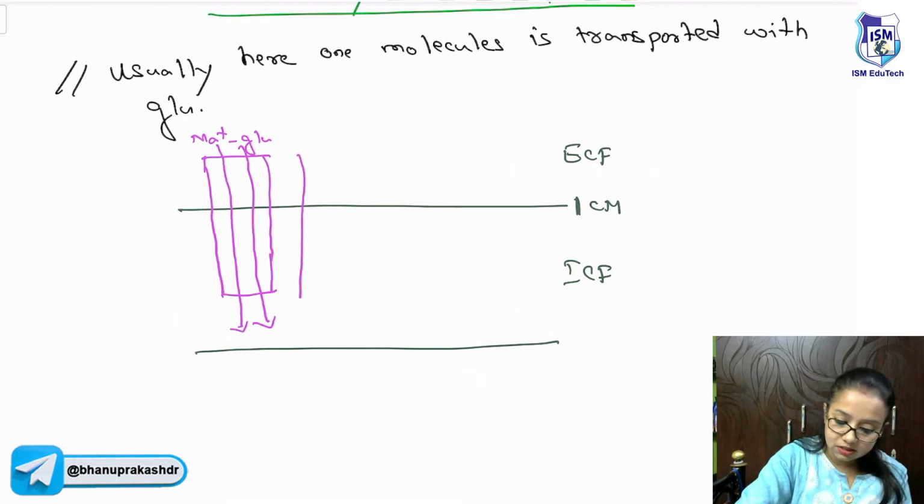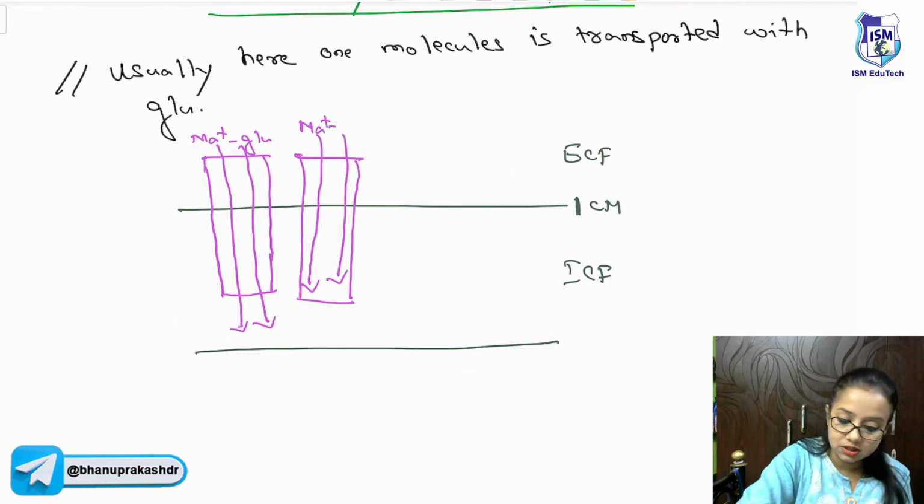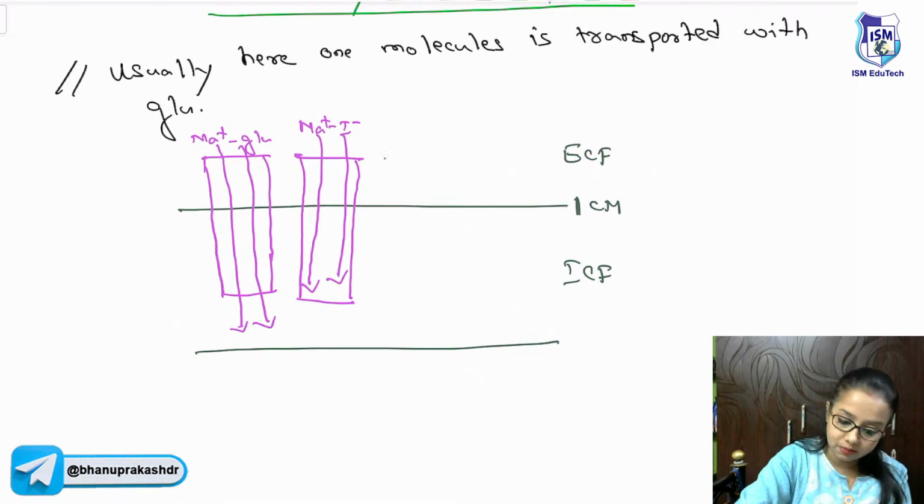Similarly, another substance that enters the cell along with sodium, as seen in case of a thyroid follicle, is the sodium iodine transporter. This is also a symporter, co-transporter. Okay.